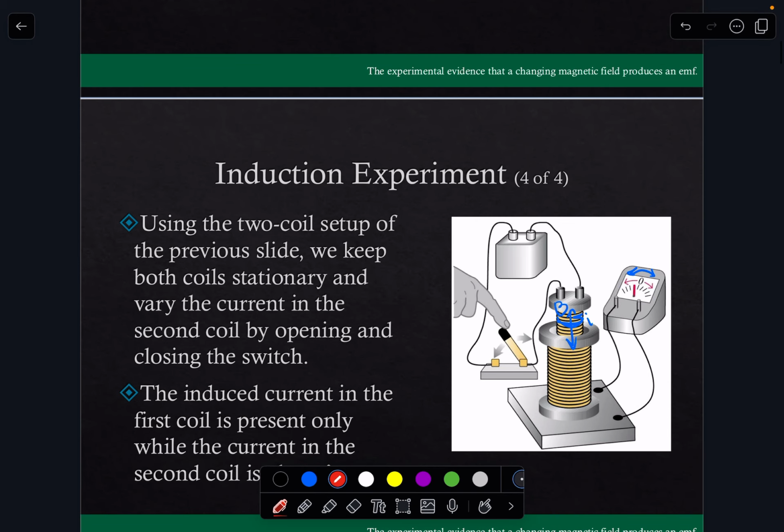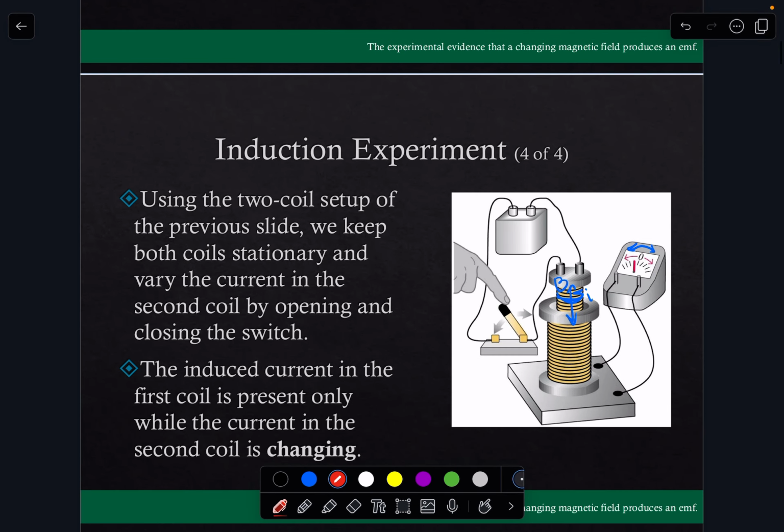So further experiments held this source of a magnetic field in place. And instead of moving it up and down, what they did is they installed a switch that basically interrupted the current, changing the dI/dt of the current.